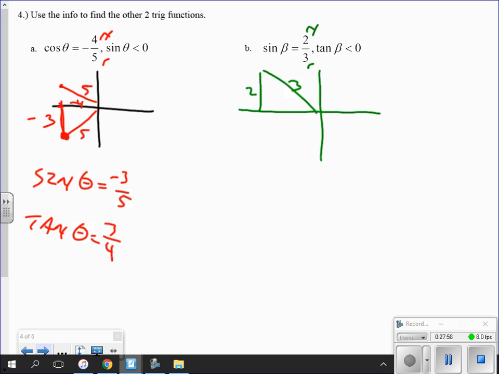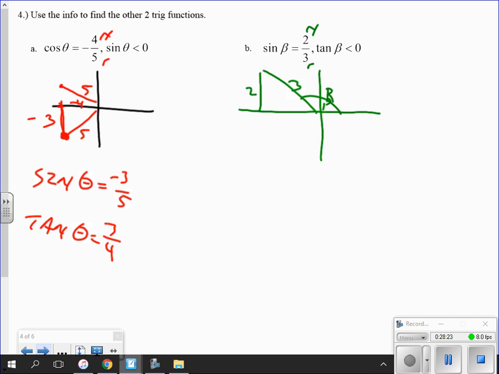Think about it like this. This gives me the sine of this angle here, beta. I hate writing beta. Gives me that sine of 2/3.